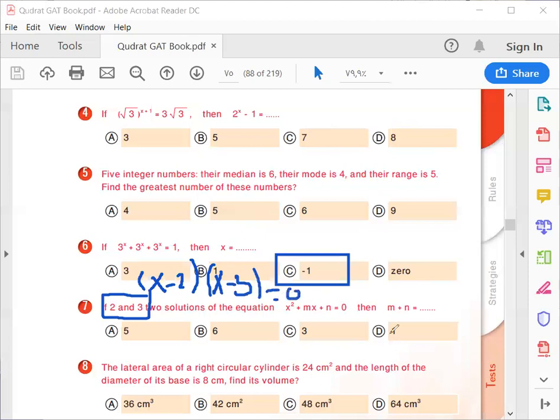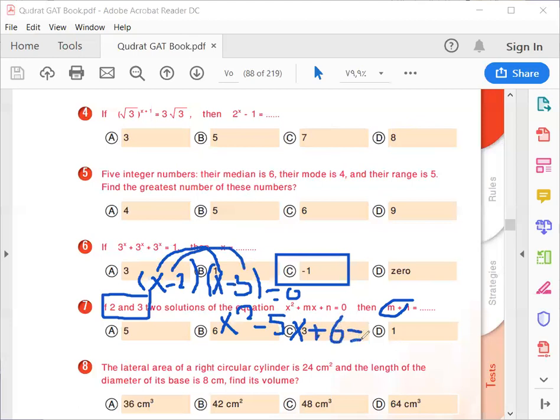So he asked me m plus n. Before you add, you must multiply. x times x equals x squared, right? And minus 2 plus minus 3 is minus 5x. And you multiply the two roots: minus 2 times minus 3 equals 6.